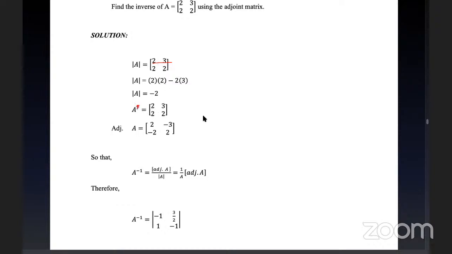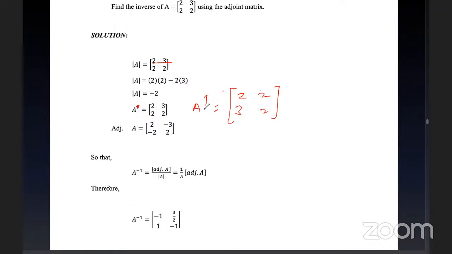Ito pa lang yung matrix A. Transpose. So, it should be, ayan, yung row magiging column. So, 2, 3, 2, 2. Yan yung transpose ng matrix natin.